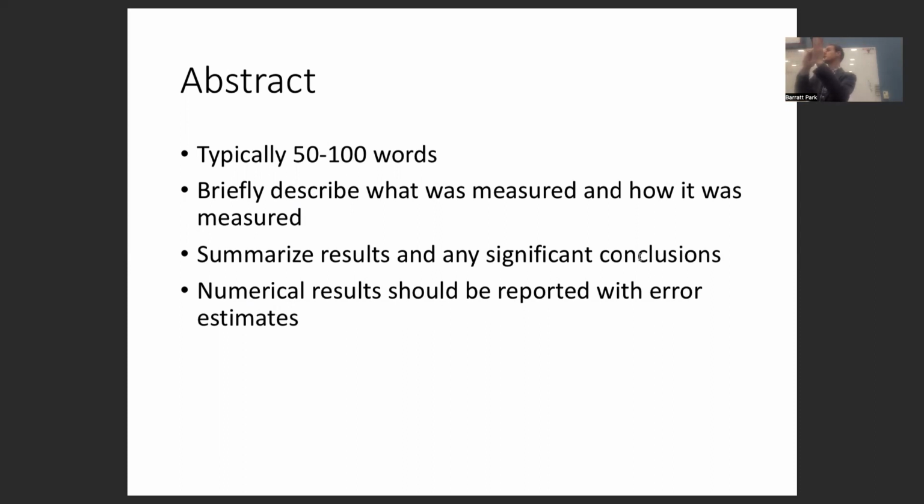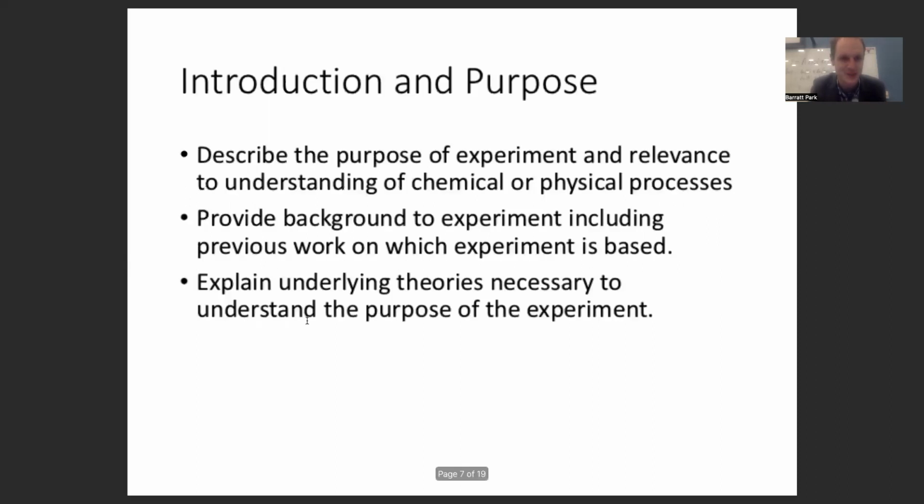If that's a quantity that you're looking for, then you might want to read the whole paper, figure out how they did it, and whether this is an accurate way to determine this quantity. Can I use this information? Of course, if you include numerical results, you should also include the error estimates in the abstract.